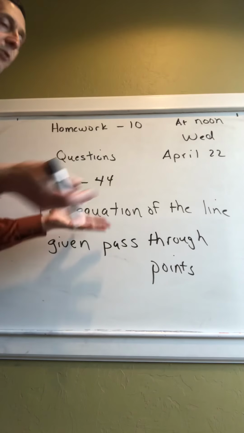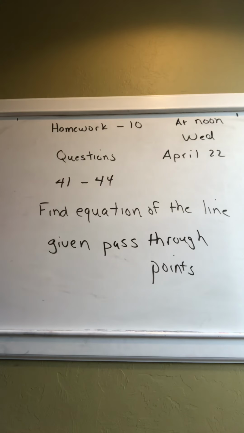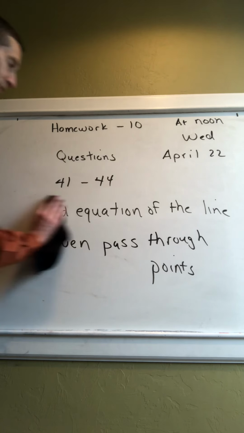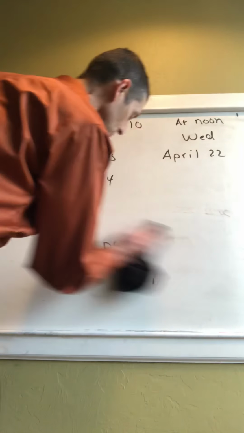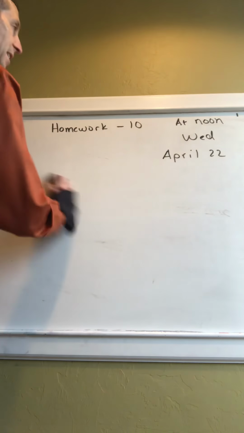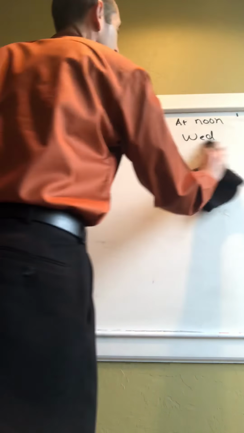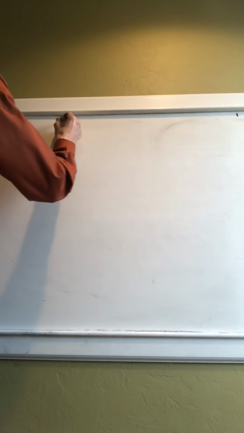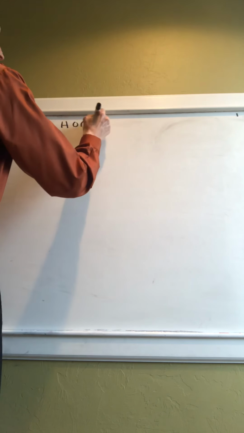So our job, find equation of the line. Find m, find b, write the equation. I give you 2 points to start with. Let's put them up there, 41 through 44. All due Wednesday at noon, April 22nd. All right, let's see if here I can write this a little smaller.